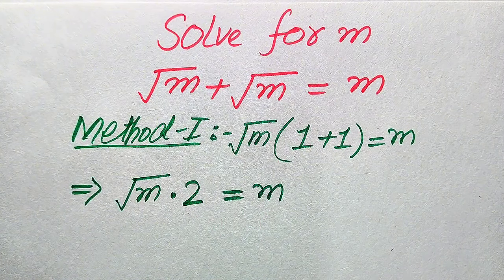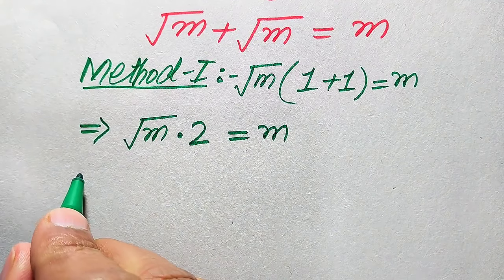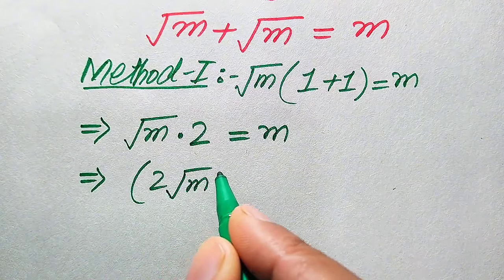In the next step we need to remove the square root sign from the left hand side, and for this we square both sides.